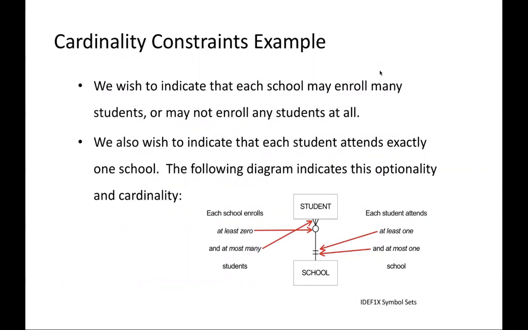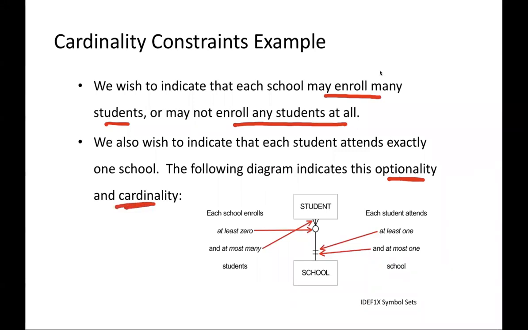But let me first give you an example about those cardinality constraints, especially if we build a school-student relationship. If we wish to indicate that each school may enroll many students or even may not enroll any students at all, and we also wish to indicate that each student attends exactly one school, then the following diagram indicates this optional and mandatory cardinality.